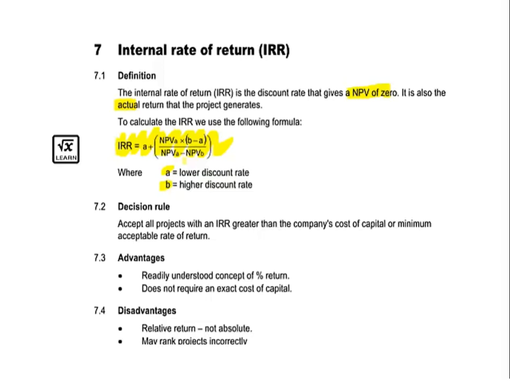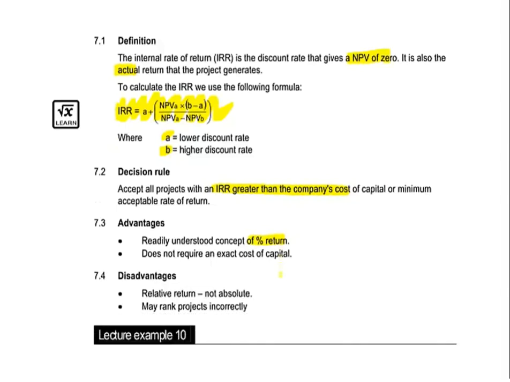The decision rule then is that if the IRR is greater than the cost of capital, then the project is going to be acceptable because it would have a positive NPV at the cost of capital. It's successful as a technique because the idea of the percentage return is readily understood, especially by non-accountants.